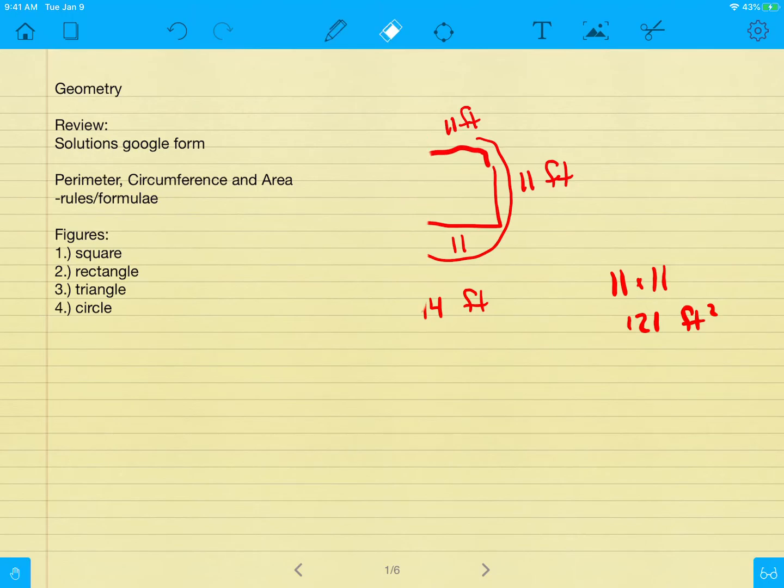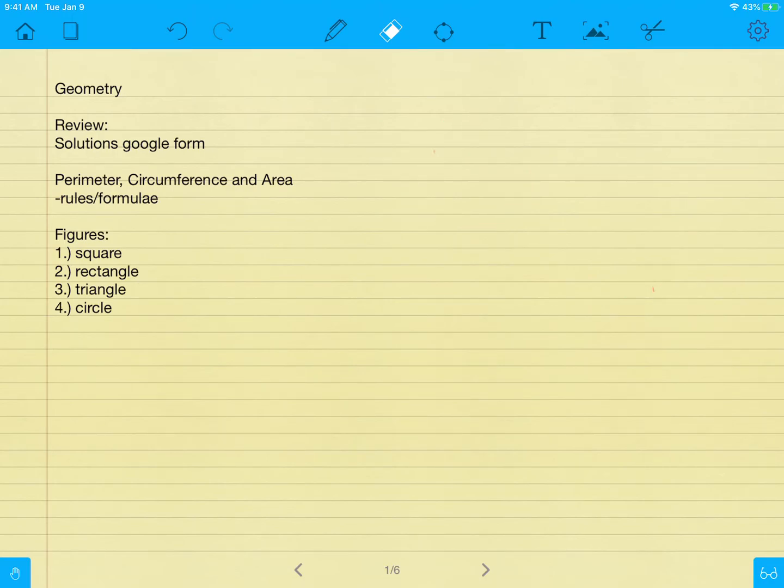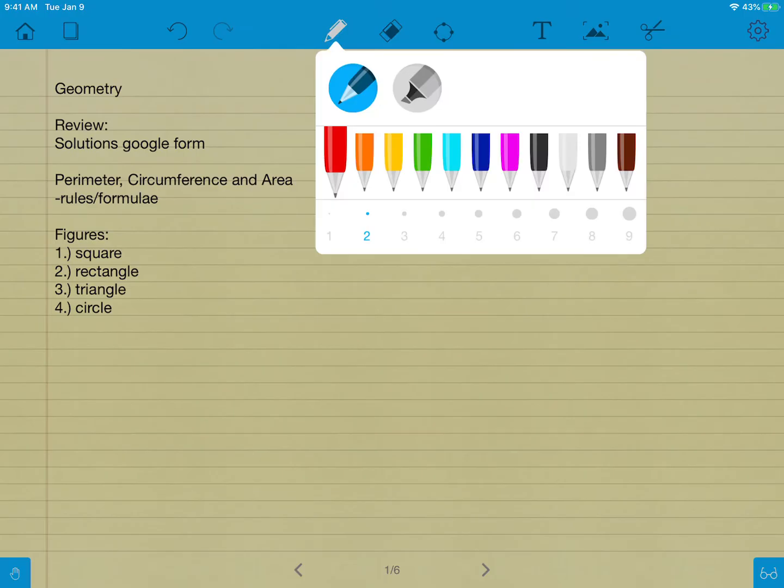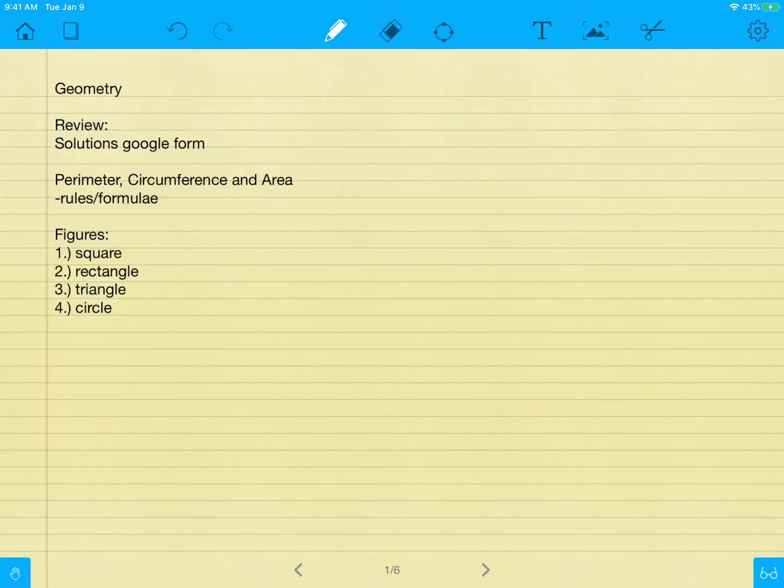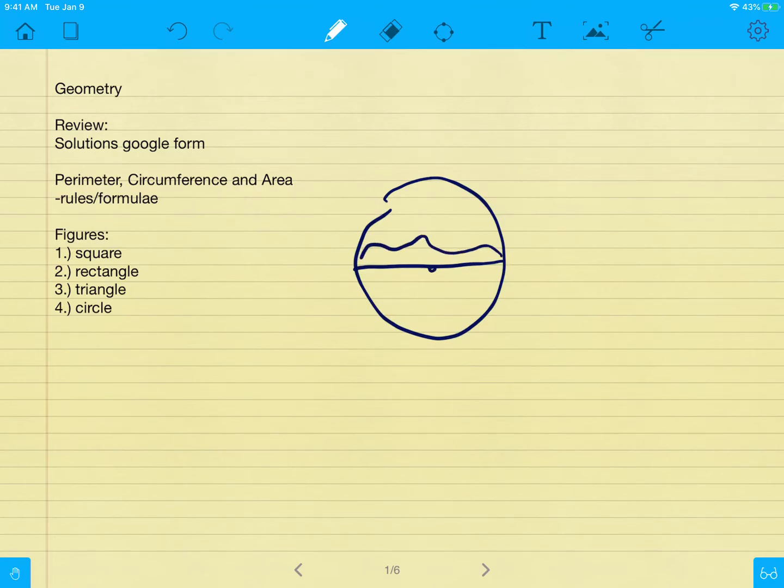I'm going to switch up the color and erase the work that I've done here. The next question was based on a circle. On this circle, they gave you a diameter, which you could tell because they drew the whole line. The whole thing was 12.8 centimeters. The first thing we have to do is figure out the circumference. The circumference formula, if you don't remember, is 2 times pi times r.